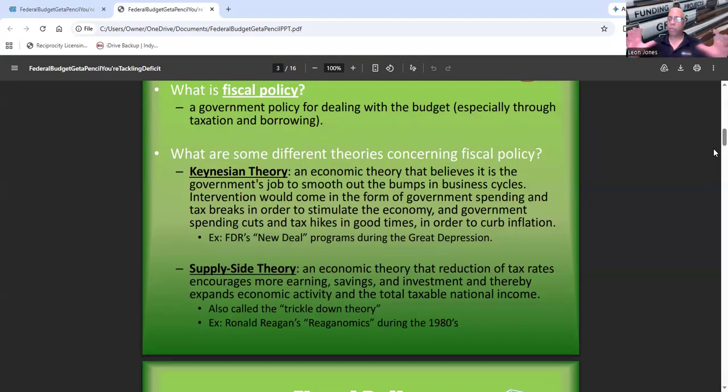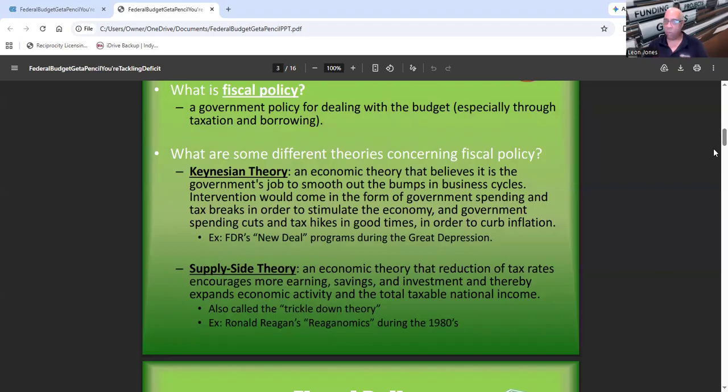when you reduce tax rates, and what are tax rates? Well, we have a progressive tax system in the United States. So when you have more money in your pocket, and I'm using some common sense, well, you're going to earn more. That means you're going to keep more of your money.